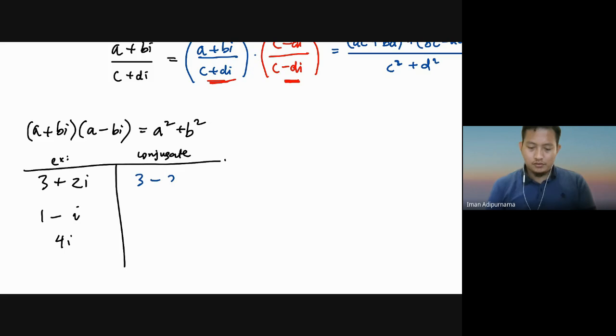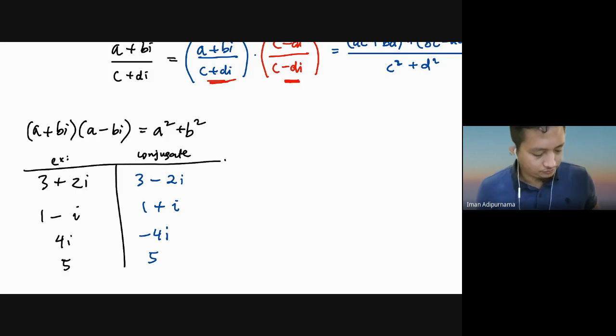This will be 3 minus 2i, and for 1 plus i, it is 1 minus i, and minus 4i becomes plus 4i. And what about just a number? The conjugate is just the number itself.